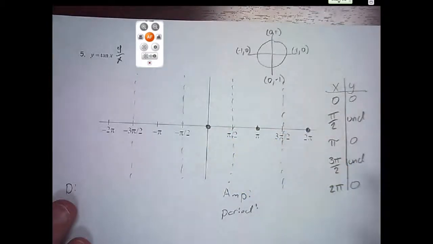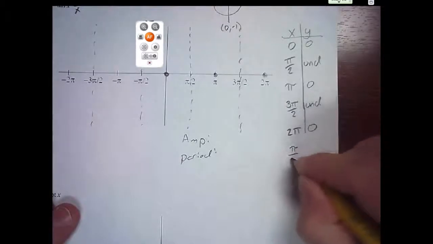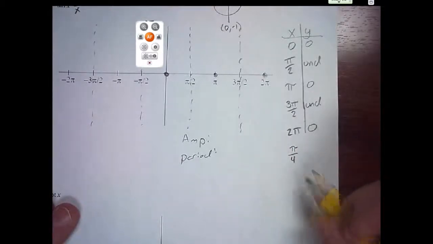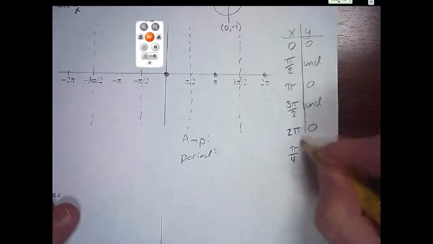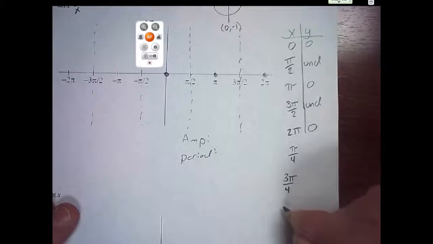So we have to do a little bit more for a tangent, which is going to be the 45s. So we just need a midpoint to see where we're going. So you're going to have pi over 4, 3 pi over 4, 5 pi over 4, and 7 pi over 4.